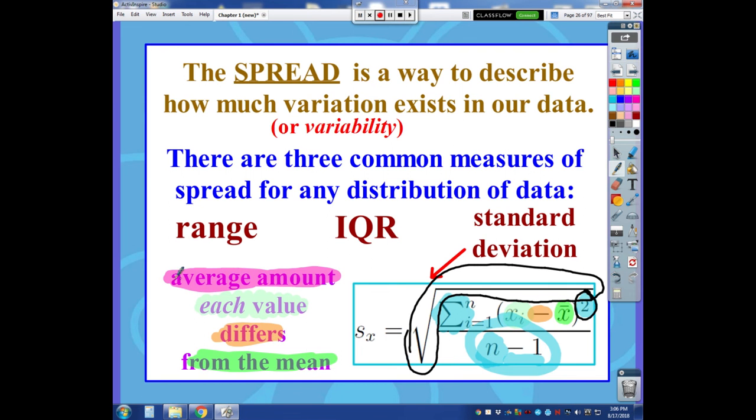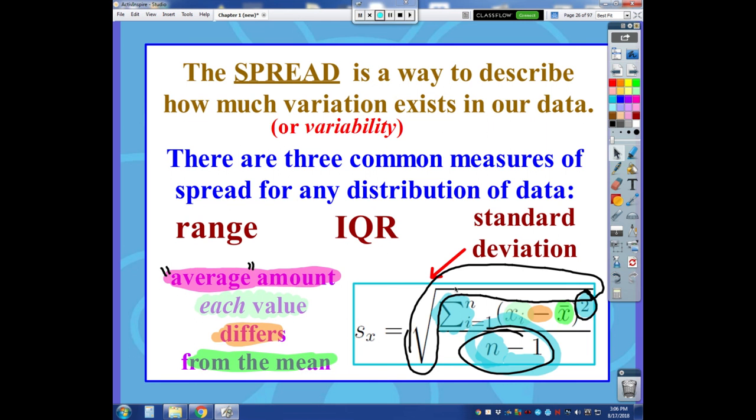So when we say average, it's not like your typical average. It's kind of like we're saying, quote, the average amount, when really we're taking the average of the squared differences. And it's not quite truly your average where you would divide by n, but we're going to divide by n minus 1. Okay?